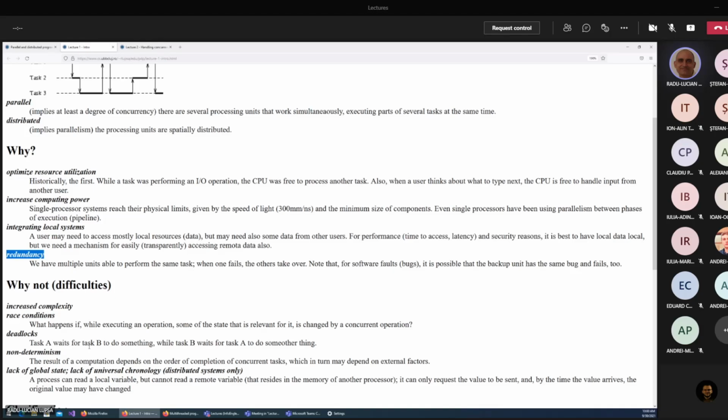Both systems ran the same software with the same bug and failed at the same moment, more or less. And without guiding, the rocket was destroyed. So the take-home message is that redundancy is quite hard to achieve, especially when we are talking about programming bugs as opposed to pure hardware failure.